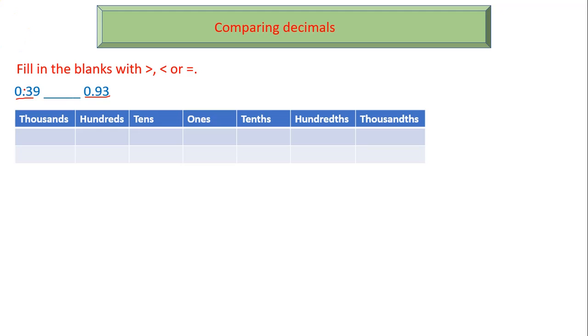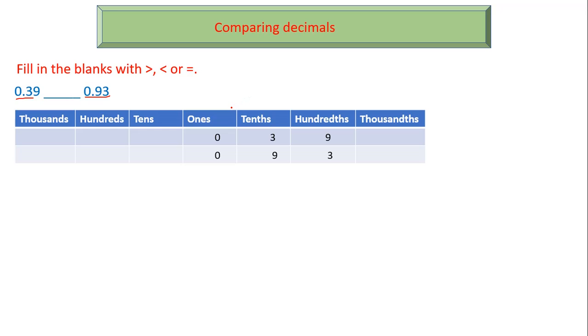If I arrange this 0.39 in this place value chart, 0 comes in ones place, 3 in tenths place, 9 in hundredths place. Same way, I will take the second number. In this second number, 0 will come in ones, 9 in tenths, 3 in hundredths. Here I arranged the numbers in the place value chart.